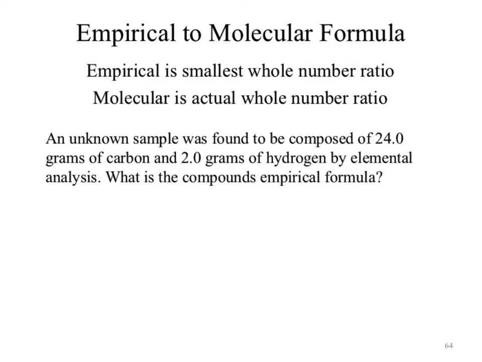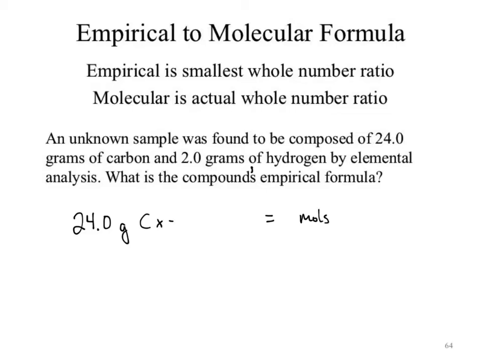An unknown sample was found to be composed of 24 grams of carbon and 2 grams of hydrogen by elemental analysis. What is the compound's empirical formula? What do we have to do? We have to find the moles. I'm trying to take 24.0 grams of carbon and convert it into moles of carbon.